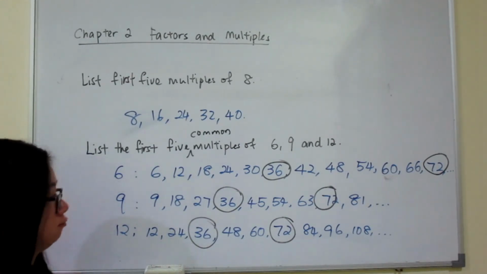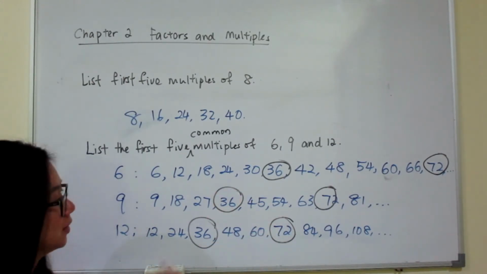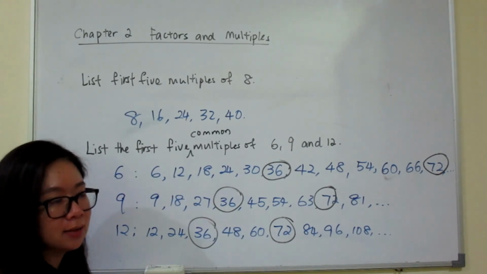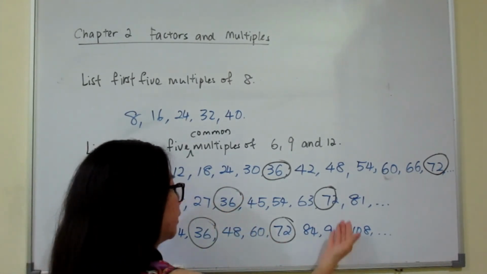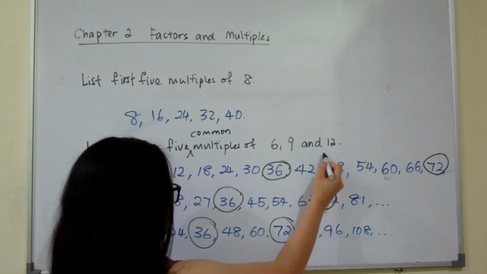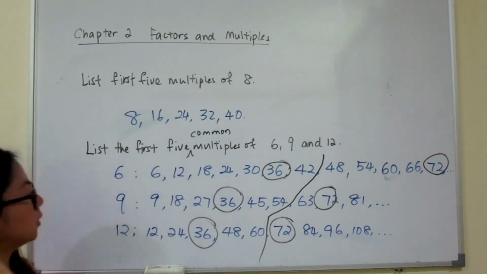If you want to get the third, fourth, and fifth one, can you see how long you would have to write? No, I'm not doing that. So when you list them, you can stop around here. You can stop already when you see the common multiples.